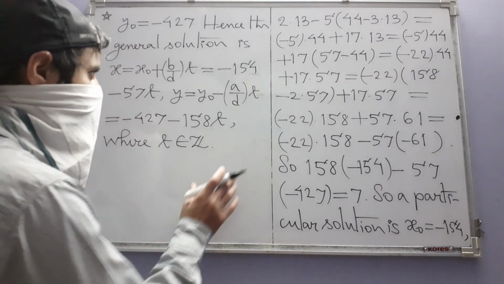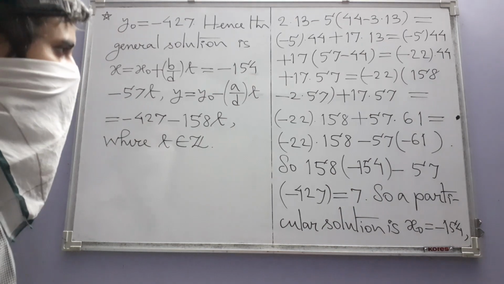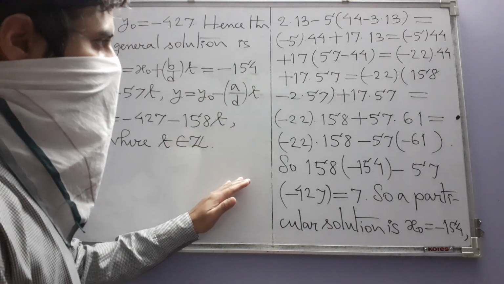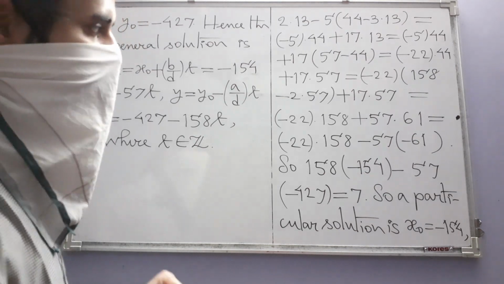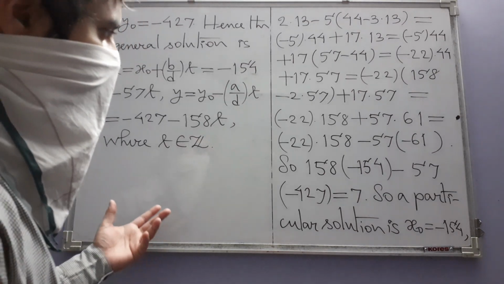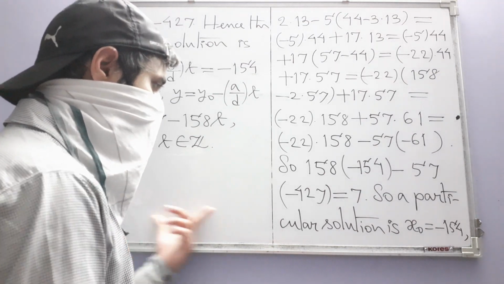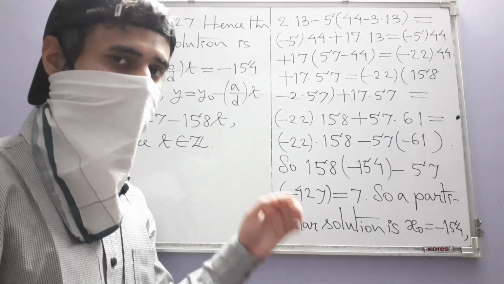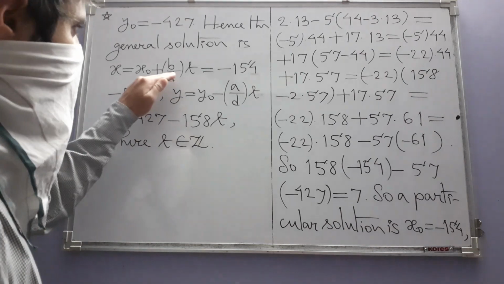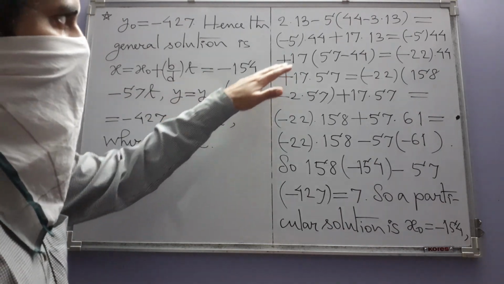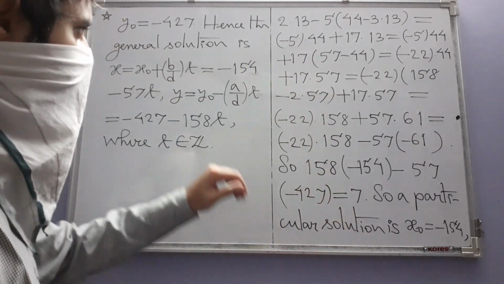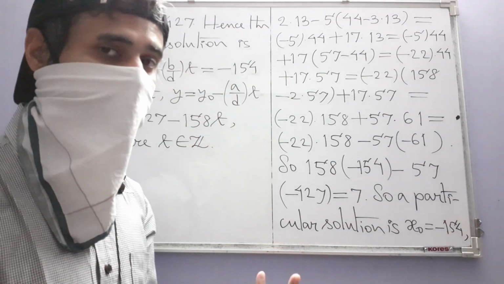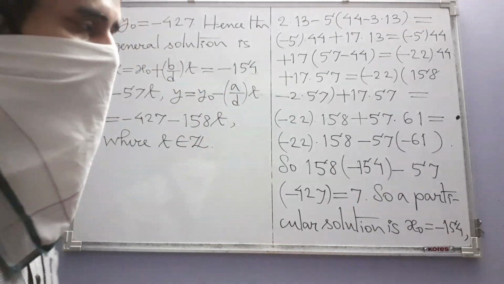I repeat one thing again. I am writing these formulas just for the sake of recalling them. If you have not written the general Diophantine equation and its general solution, do not use this, because if you haven't written anything else, then it becomes a question what this a and b and d are.